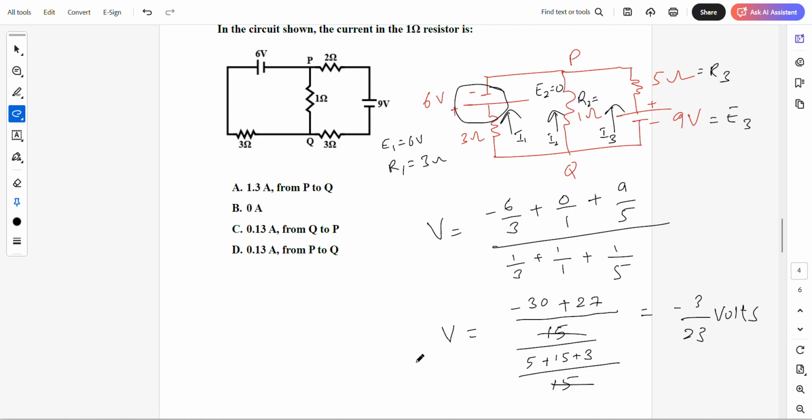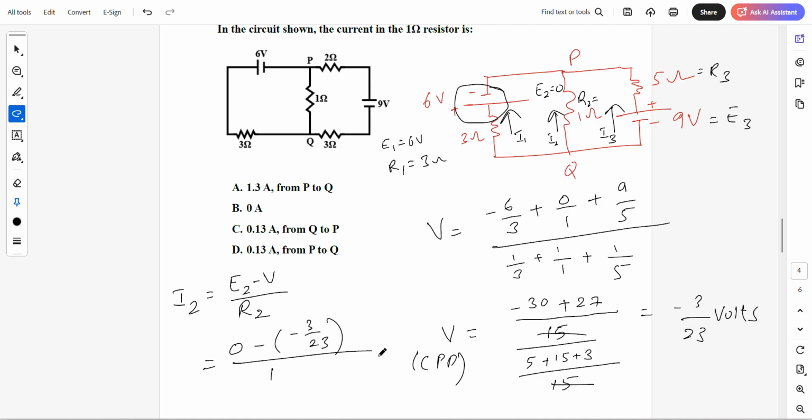Okay, common potential difference, CPD, between P and Q is VP minus VQ. Now they are asking you to calculate the current in the 1 ohm resistor. That is I is equal to E2 minus V by R2, right. E2 is 0, minus of V, minus of minus 3 by 23, divided by R2, R2 is 1.